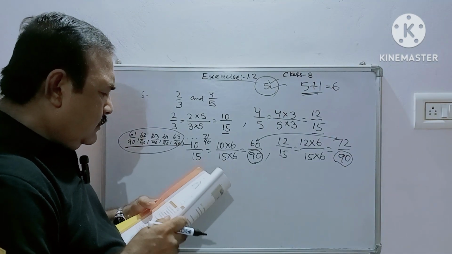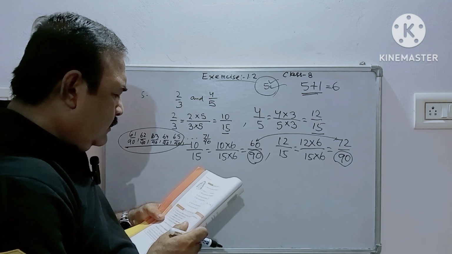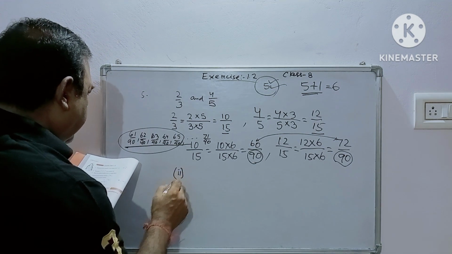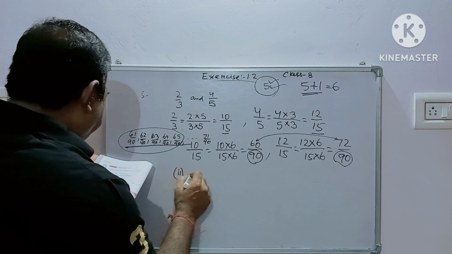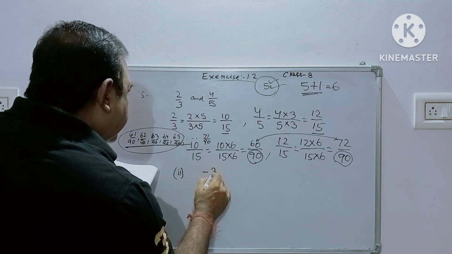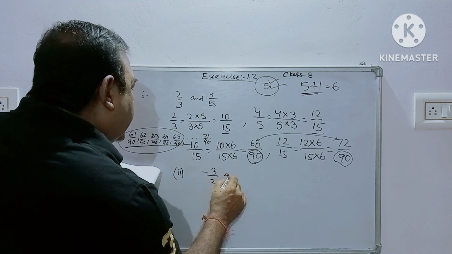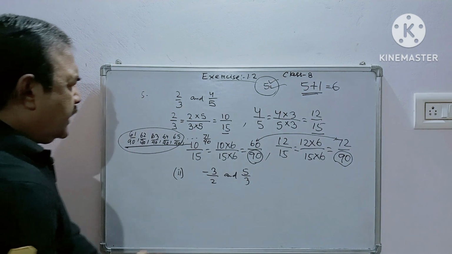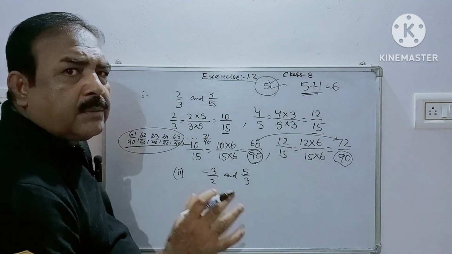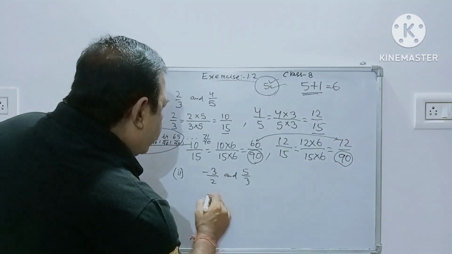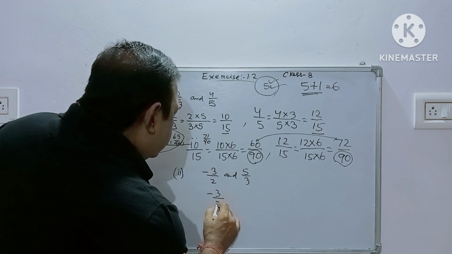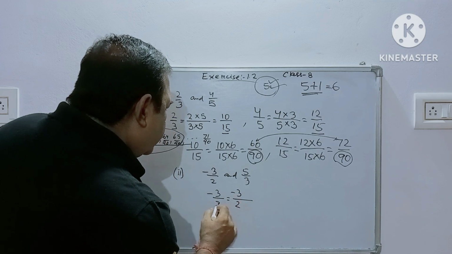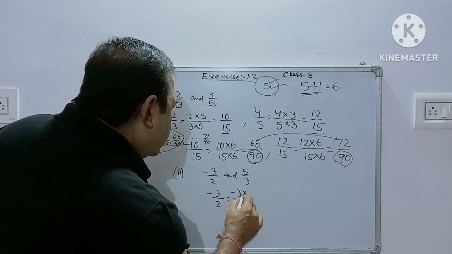So number 2, you can do easily. Just I do it because there is a negative sign in the numerator. Minus 3 upon 2 and 5 upon 3. You see, you take the LCM, you have to make the denominator the same, already I have told you. So minus 3 upon 2 is equal to minus 3, we have to make the denominator 6, so multiply by 3.